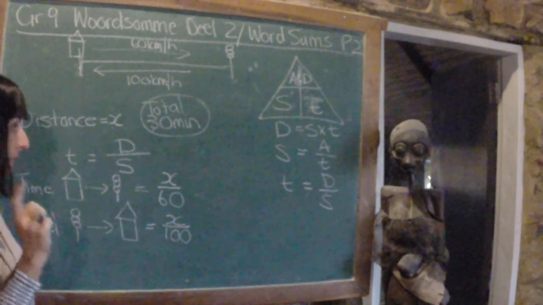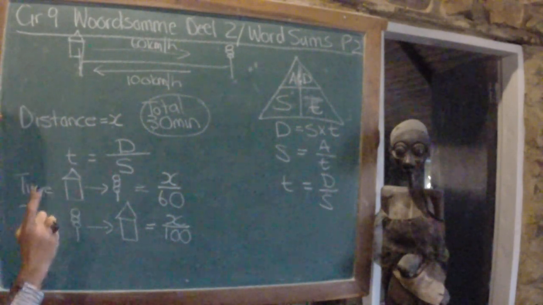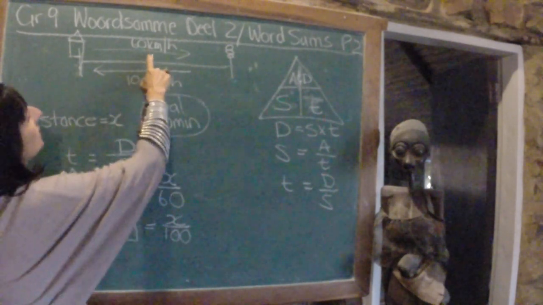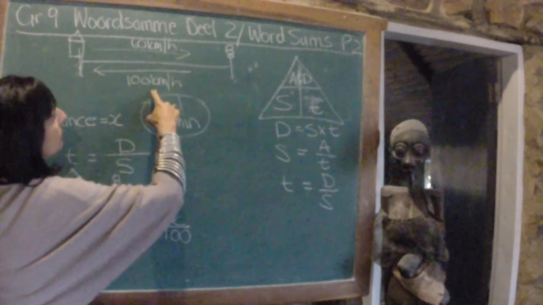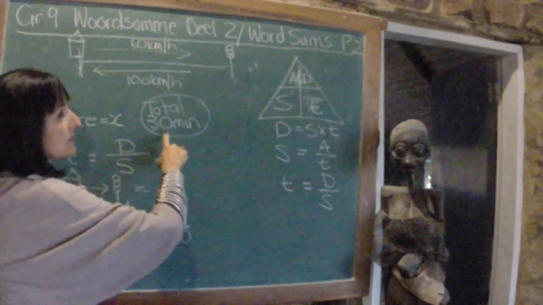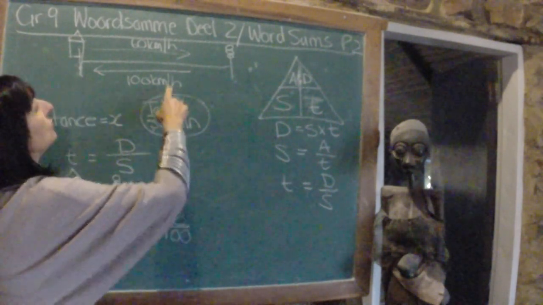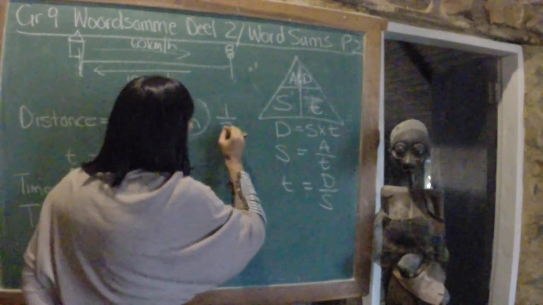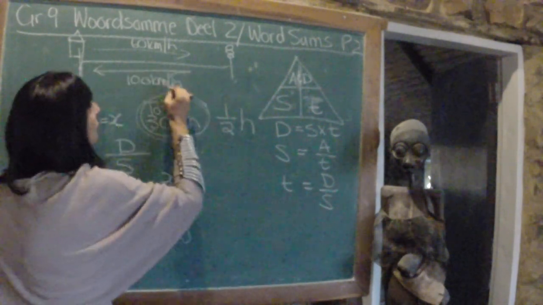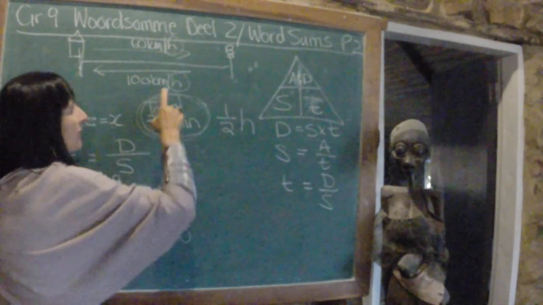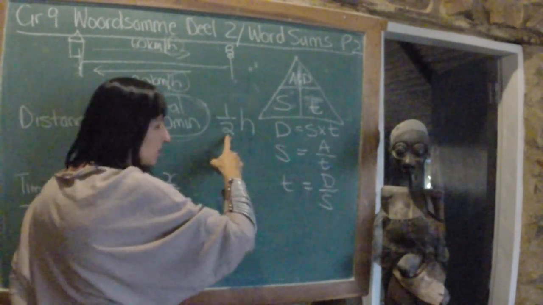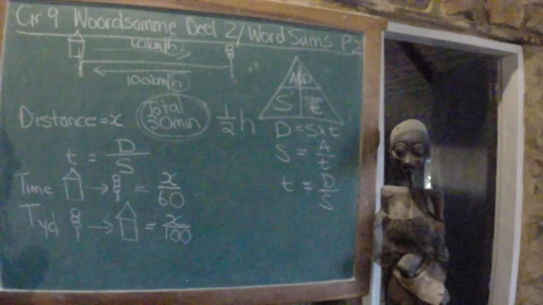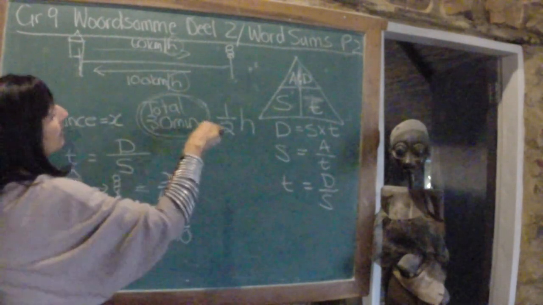But now be careful. Remember, we've got kilometer/uur, and that's minutes. So you need to change the minutes to half an hour. Why? Because you can't mix units. If it's in hours, this must be in hours too. So ons kan nie eenhede meng nie, ons moet dit albei verander na ure toe.